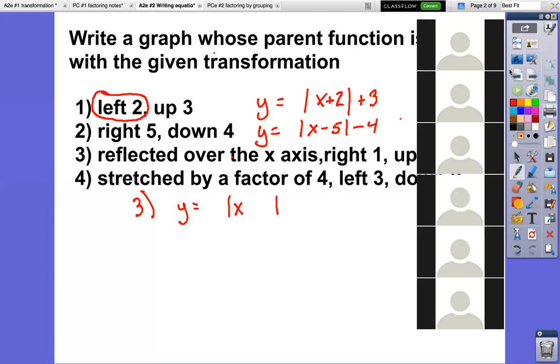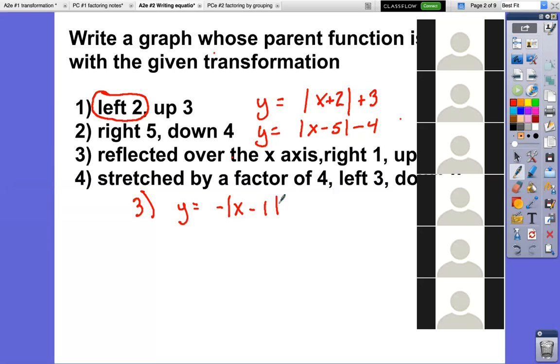So let's go with Anna Charbonneau. Reflected over the x-axis means, what do I have to put? A negative? Good. A negative sign in front of the absolute value. Now it's being reflected. And right 1 would be what, Allison Smith? -1.